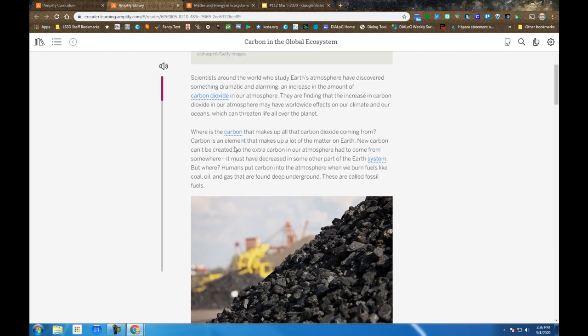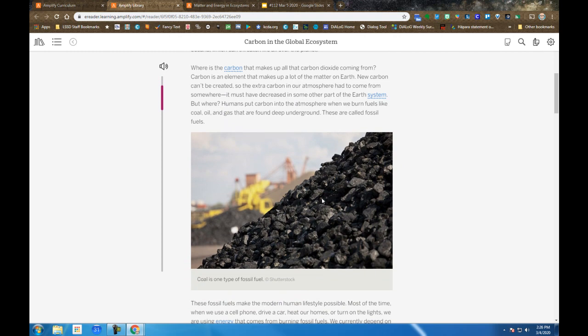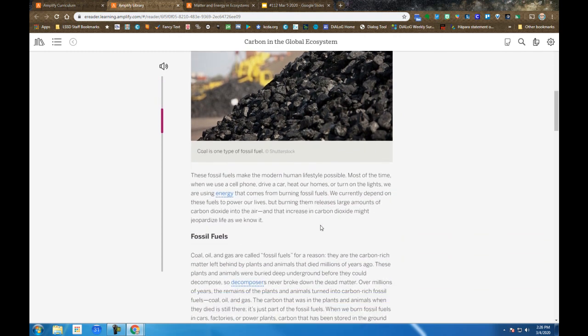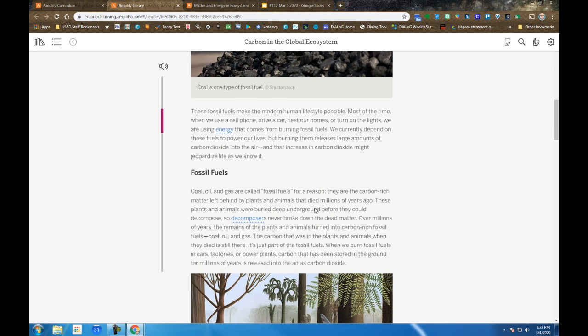And where does this carbon come from? Well, it comes out of the ground as coal. Then it goes into the story of how that coal is burnt for energy, right, to create steam and to fuel turbines.